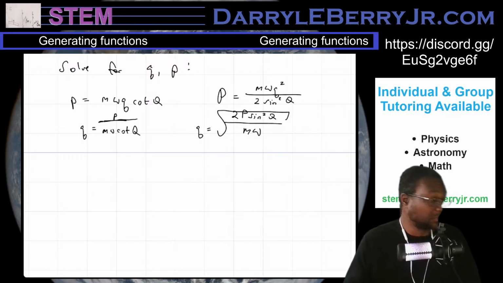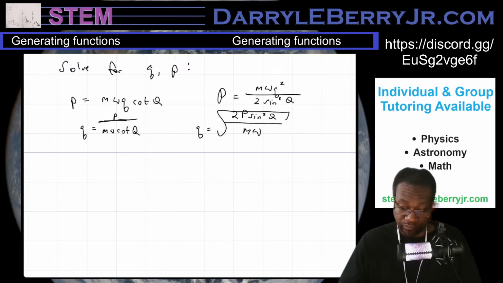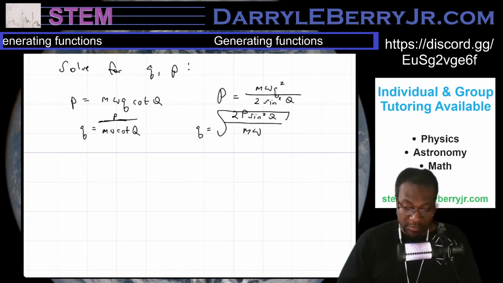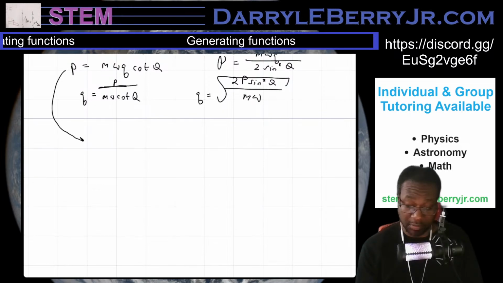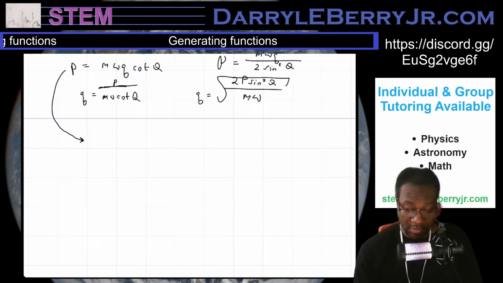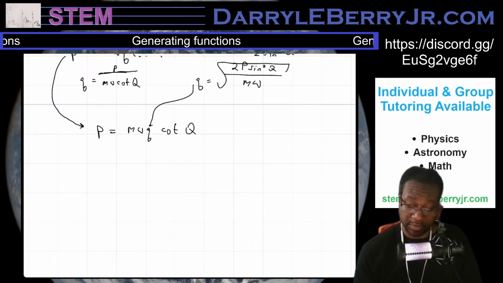Right. So what I'll do, like the book does, is plug q into here. We have p equals m omega q cotangent Q. Now plug this q into there.